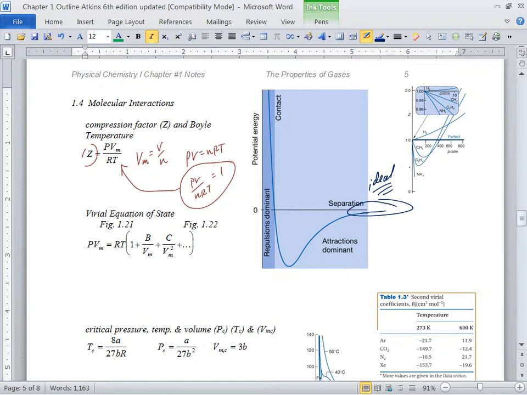Because these are supposed to be what, if it's an ideal gas? Points. They can't attract or repel, right? So I guess you could say more ideal as you go that way. Like he's right. Okay.